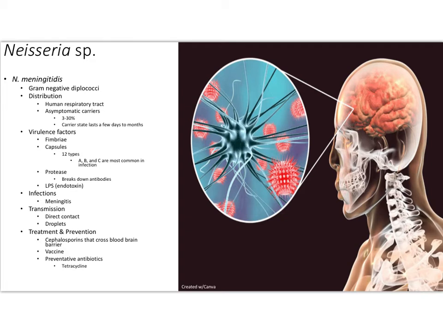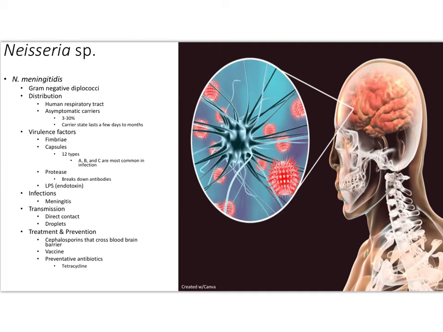Now, in terms of the capsule types that are most likely to cause disease, like it says here, capsule types A, B, and C are the ones that worry us the most, because the bacteria that have those capsule types are the most virulent in terms of being able to cause disease. It does also produce a protease, which will break down antibodies that we produce to it.